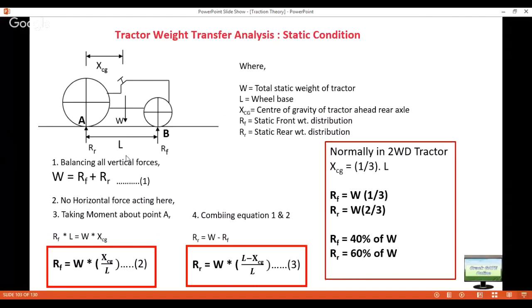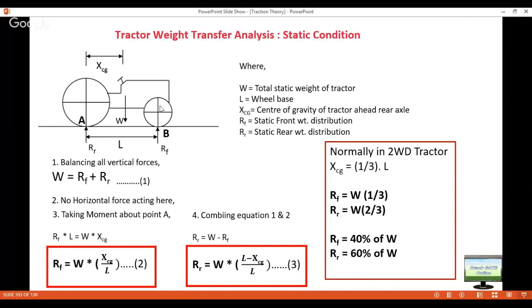Then your wheelbase L will affect this weight distribution. The horizontal location of the center of gravity will also affect your tractor weight distribution. Normally, as I have already explained, the weight distribution will be in the ratio of 60-40. So in static condition, 60% of the weight will come on the rear and 40% on the front. Normal condition, guys, I'm talking about.